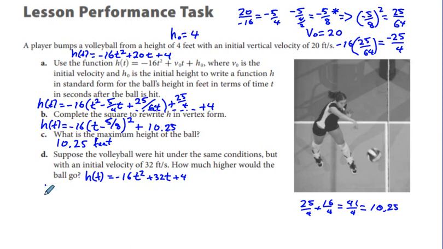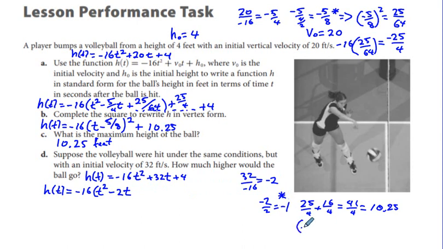We have h of t is equal to negative 16, and we factored out from t squared. What do we put next? Well, we have 32 divided by negative 16, which is negative 2. So we place minus 2t, and then negative 2 divided by 2 is equal to negative 1. That's our special asterisk number right there.